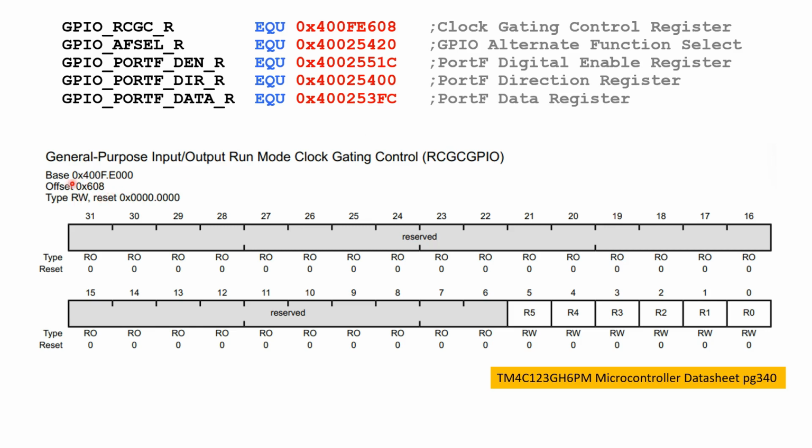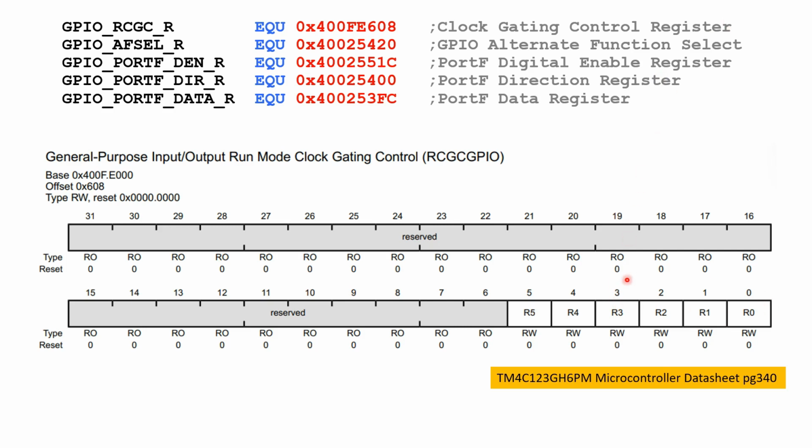The offset for this register is 608 in hexa. So if you add 608 hexa to the base address, you will get a resultant address of 400FE608 hexa for the clock gating control register.